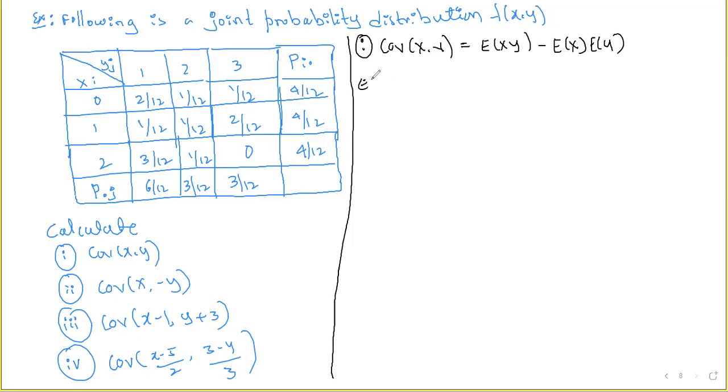So here, expected value of XY is equal to a double summation, because there are two random variables, XY is the bivariate case. So here Pij, i running from 1 to m, j running from 1 to n.